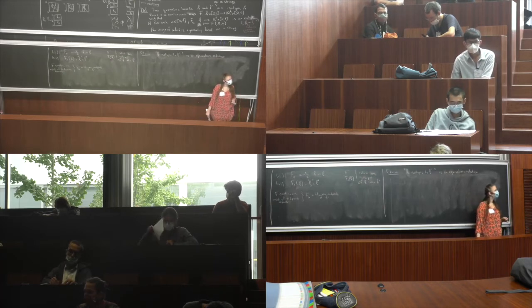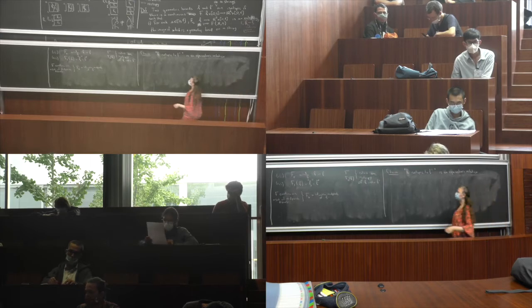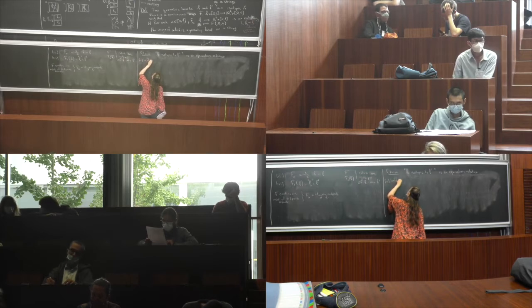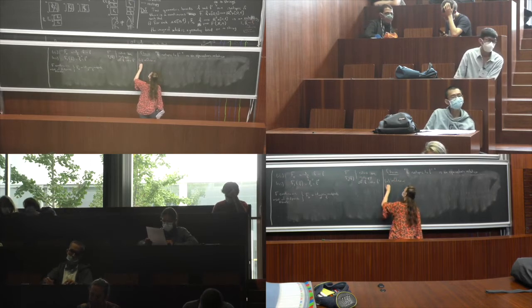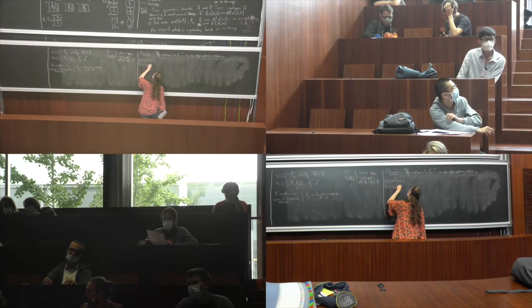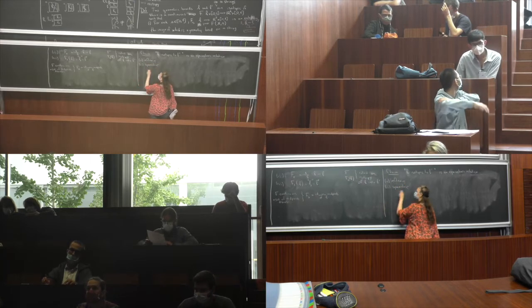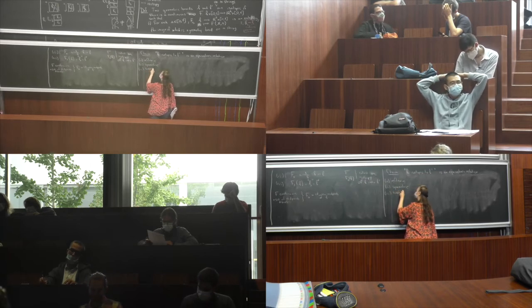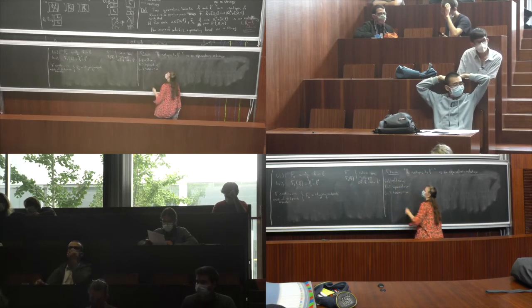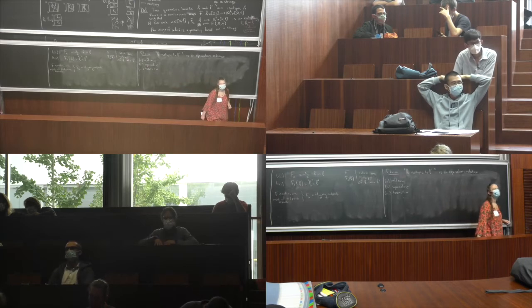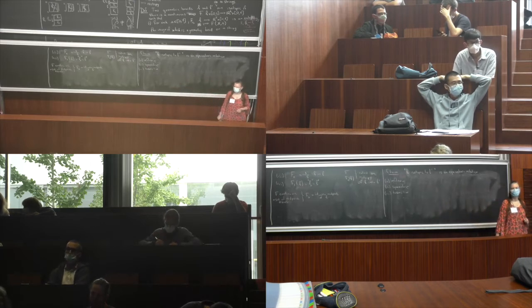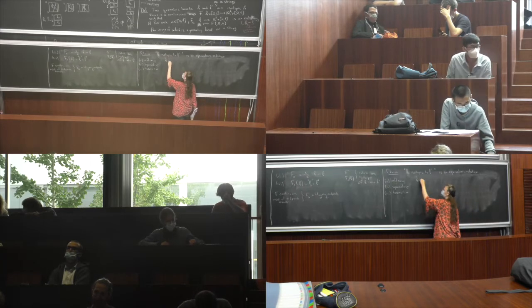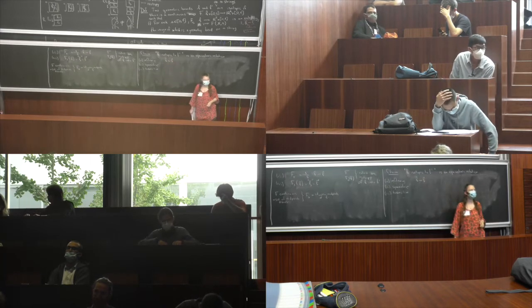Reflexive, symmetric, transitive. Reflexive, what does it mean? So I want any braid B to be isotopic to itself. Is that true?